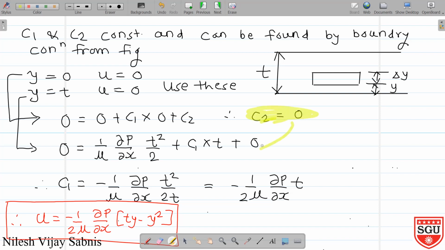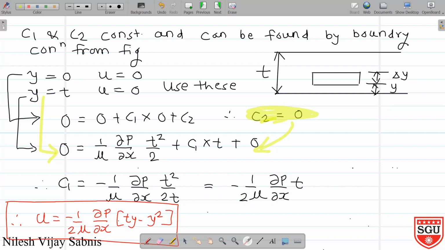Considering the second boundary condition, y is equal to t and u is equal to 0, we will get the value of C1 is equal to minus 1 by mu dou p by dou x t square by 2t, which is nothing but minus 1 by 2 mu dou p by dou x into t.